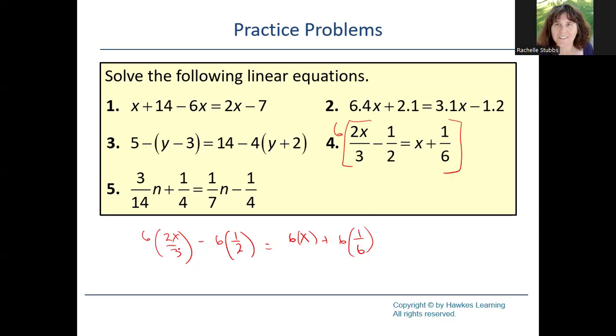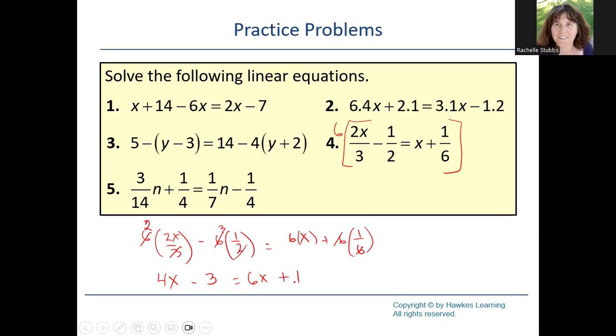And 6 and 3, they'll reduce down. I'll do my pre-reducing. That's 2. 2 times 2 is 4x. Over here, that's a 3, so minus 3. And over here, that doesn't reduce. That's just 6x. And over here, they cancel each other out, leaving me just 1.